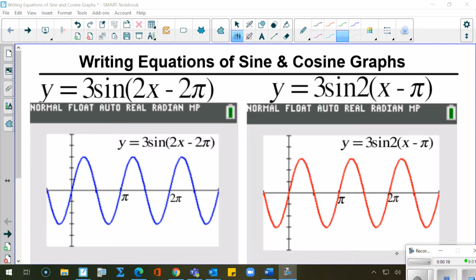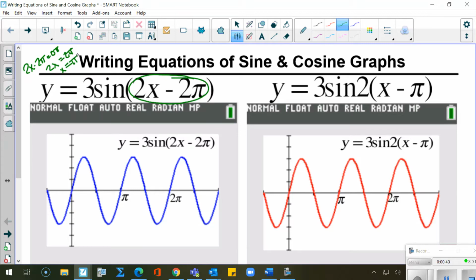So far, we've been working with equations that look like the first one. And in order to get the phase shift, we set the argument equal to 0 and solve for x. And now we know that our phase shift is pi.